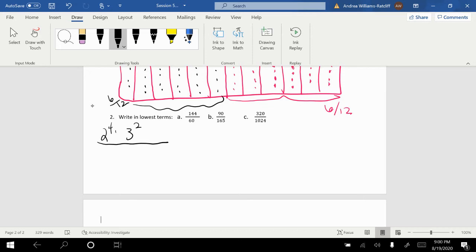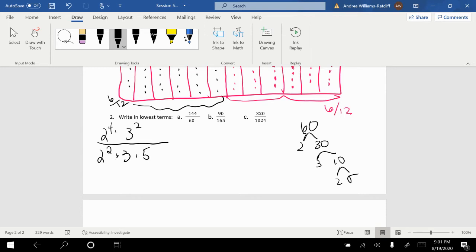Okay. So I have 60, 2 times 30, which would be 3 times 10, which would be 2 times 5. So in the denominator, I have 2 squared times 3 times 5.